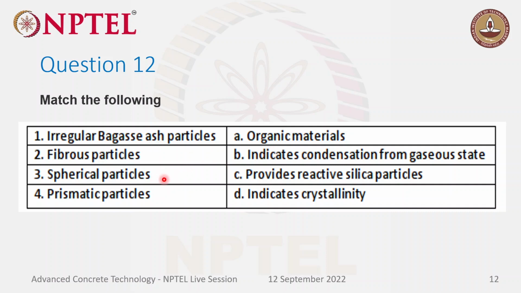And then third is spherical particles, and fourth is prismatic particles. What is the difference between these two? What does spherical particles mean? What does prismatic particles mean? Let me start the timer now for 2 minutes.